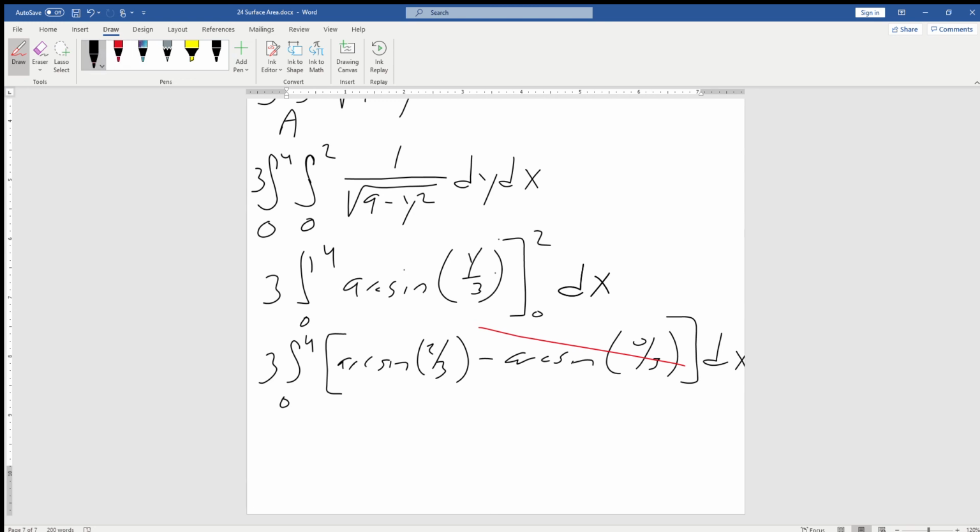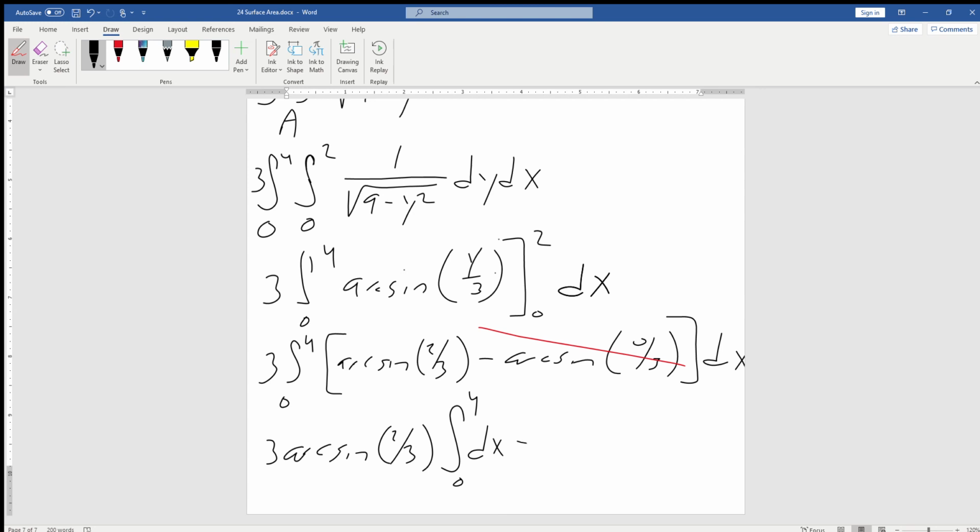So a couple ways we can write this. We could write this as 3 arcsine of 2/3 times the integral from 0 to 4 of dx. And remember, because this is just a constant, anytime that we have an upper bound of 4 and a lower bound of 0, and then we have dx or dy or d theta or d rho, whatever it is, it just becomes that upper bound.